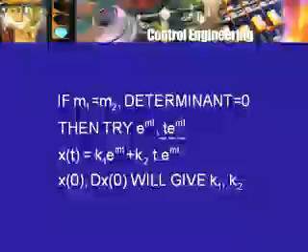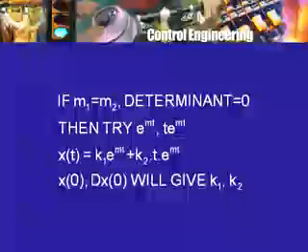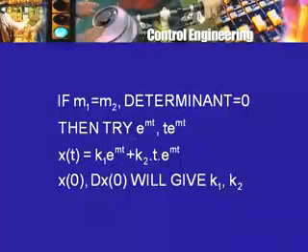It is t e raised to mt. So e raised to mt is a solution, and so is t e raised to mt, and because of that, once again I can say that the following is also a solution. What function? x of t given by k1 e raised to mt plus k2 into t into e raised to mt.